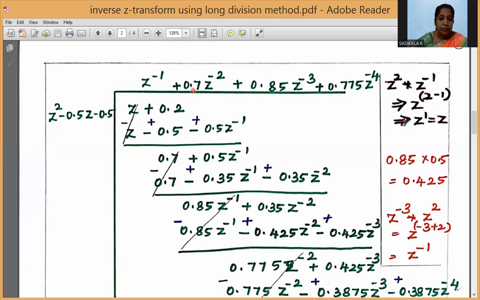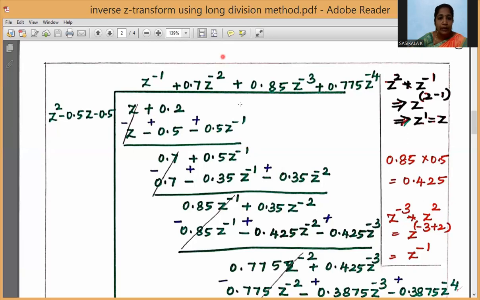Multiplying 0.7 Z power minus 2 into Z square will give you 0.7. Z square into Z power minus 2 will get cancelled, so at last you will be getting 0.7. Then minus into plus, minus 0.5 into 0.7 is 0.35. Z into Z power minus 2 is Z power minus 1.